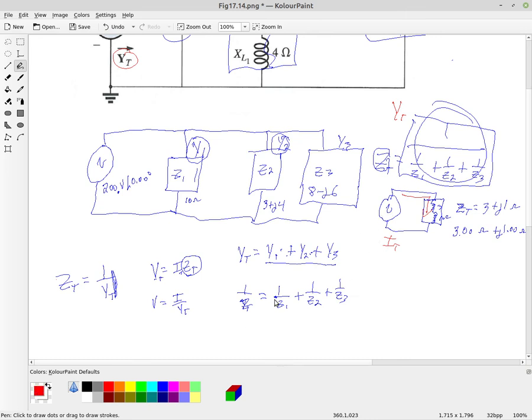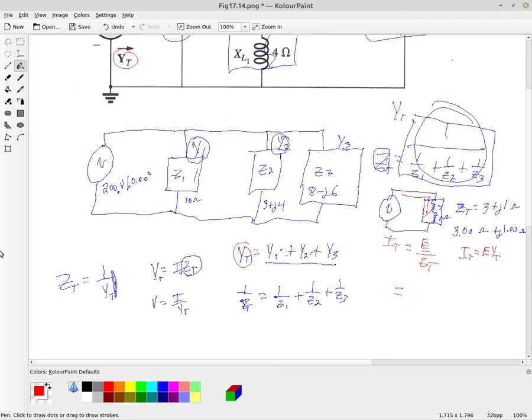So solving for the total current, we have our supply voltage E divided by the total impedance, or you could write it that I total is E times the admittance total. But I personally just like to stick with my impedances. If that works for you, just stick with that. And if they ask for the admittance, after you find the impedance, just do a 1 over and you've got the admittance.